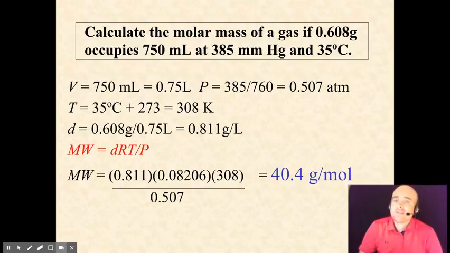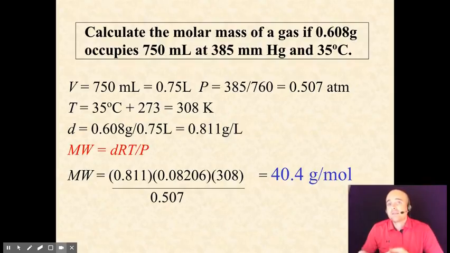Now I need to know the density. The density, remember, is mass divided by volume. So if I take my given mass and divide it by my given volume, I find out that it's 0.811 grams per liter.